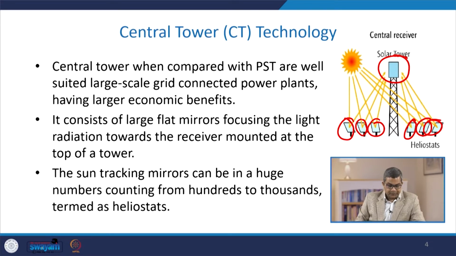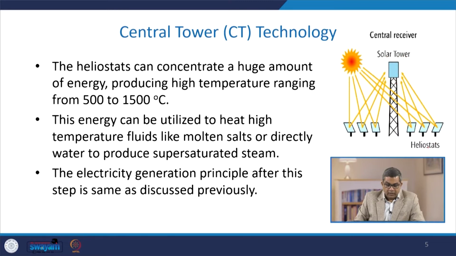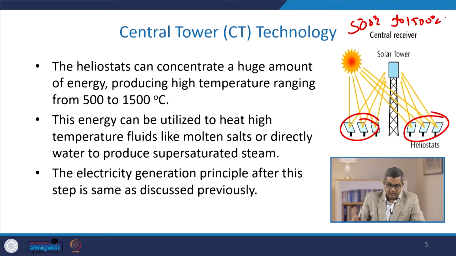Now these sun tracking mirrors can be in a huge number, counting from say 100 to 1000. They are termed as heliostats. These heliostats can concentrate a large amount of energy, producing a high temperature ranging from say 500 degrees Celsius to 1500 degrees Celsius and sometimes even more.